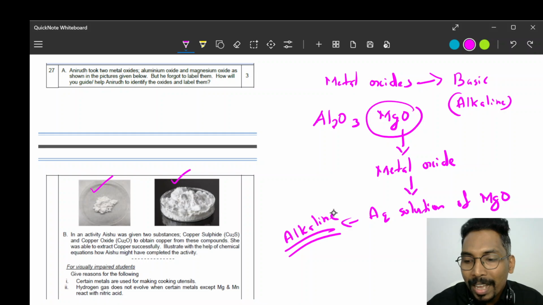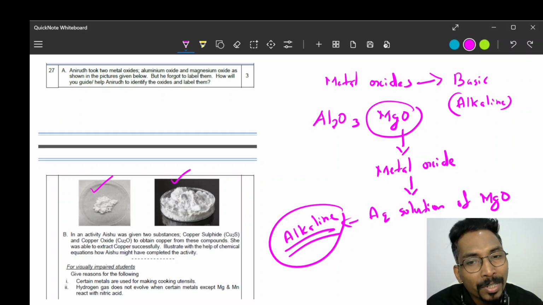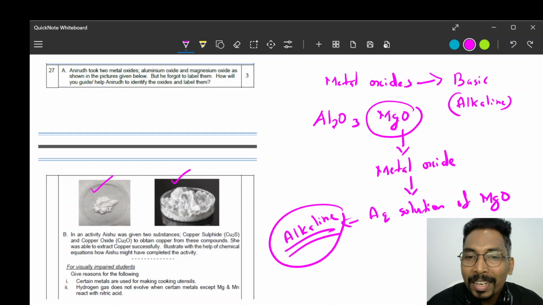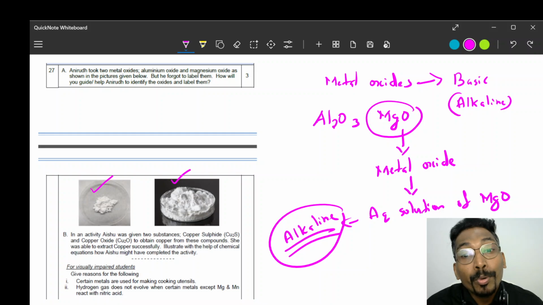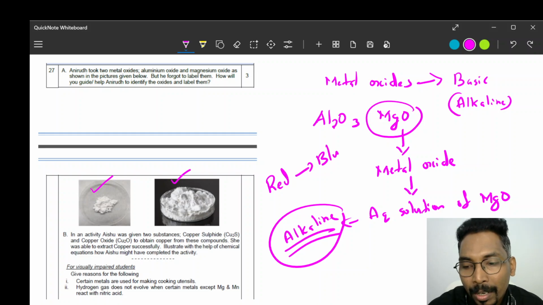If a solution is alkaline in nature, you can test the alkalinity of that solution by using litmus paper. So what is the color change of alkaline or basic solutions? It will turn red litmus to blue in color.